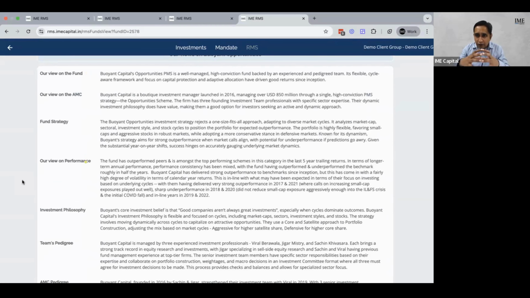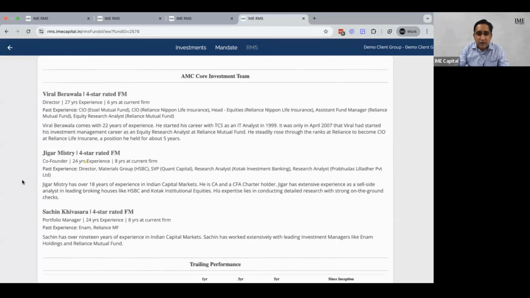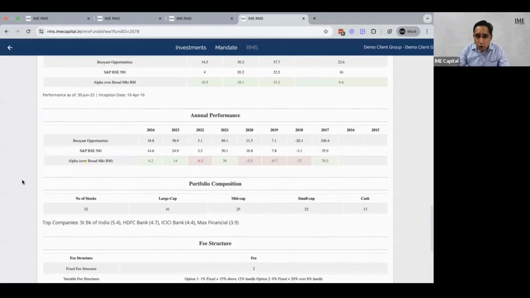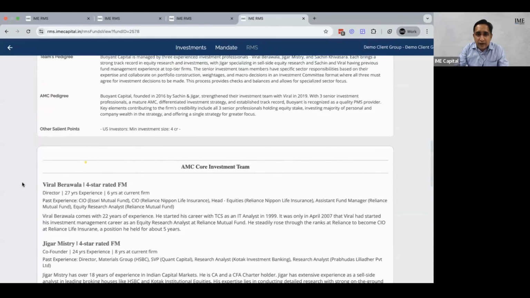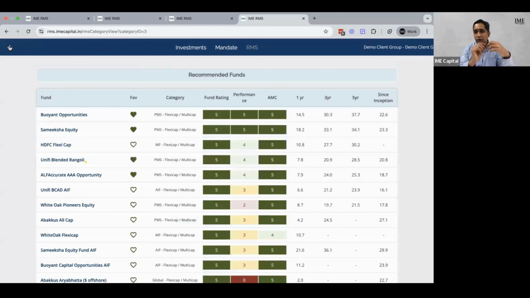These are the written views of our research team. It's not copy paste of marketing material. It's not algo driven. These are our insights into this particular fund. What the team is, how the fund has performed over a period of time, all of that information is made available so that every single investor is seeing the same single point of truth on a fund.